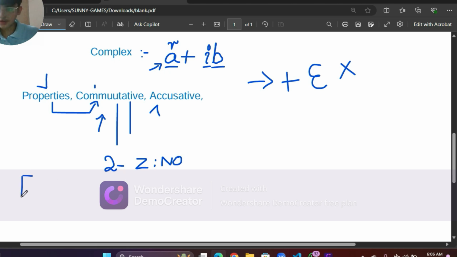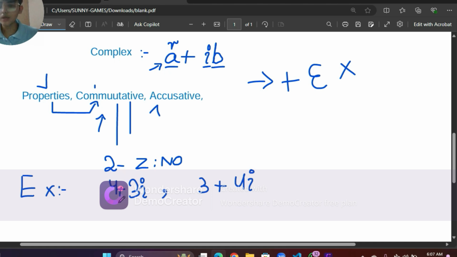Now let's just discuss an example within it. Suppose there's a value such as 4 plus 3 iota, and the second value is 3 plus 4 iota.